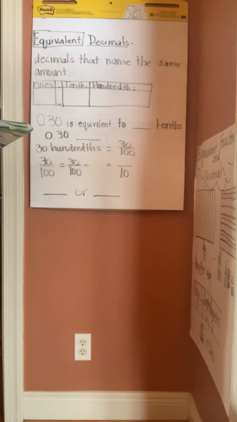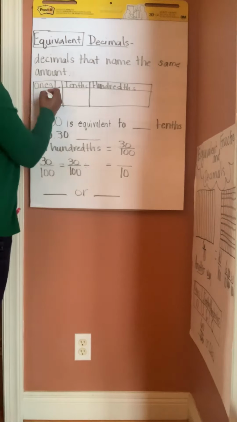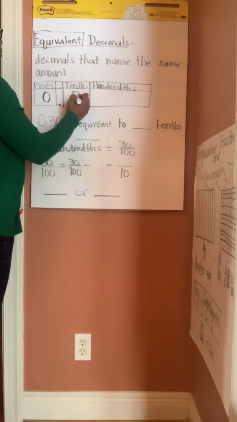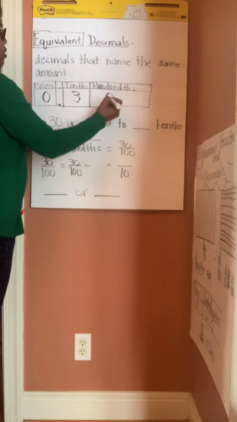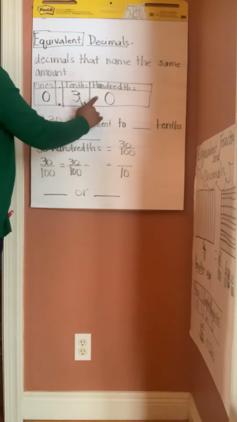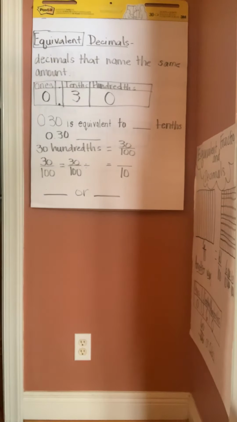So I'm going to show 30 hundredths in the place value chart, and then I'll figure out how to write 30 hundredths as tenths. With 30 hundredths, I have 0 ones, my decimal point, 3 tenths, 0 hundredths. So write it on your paper. 0 ones, 3 tenths, 0 hundredths.